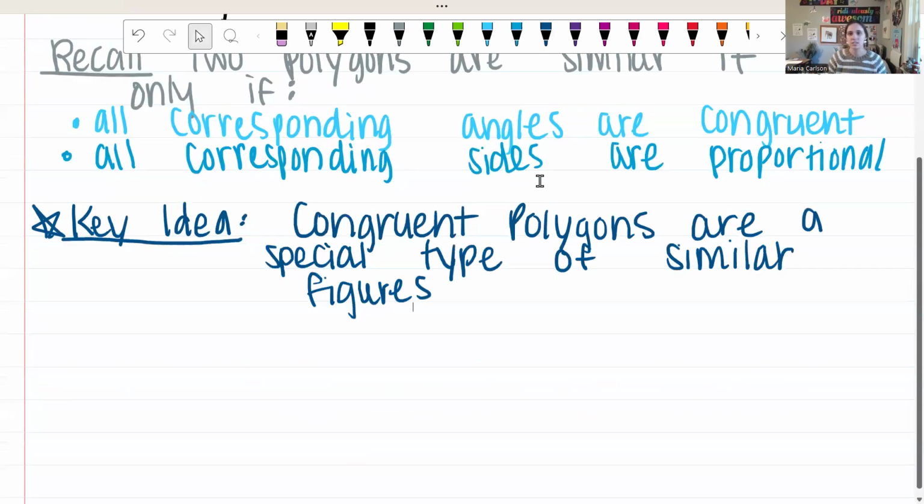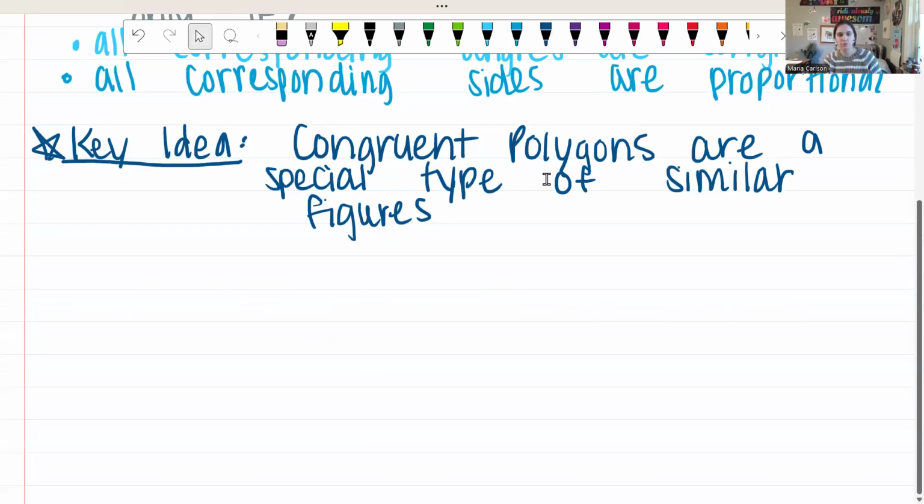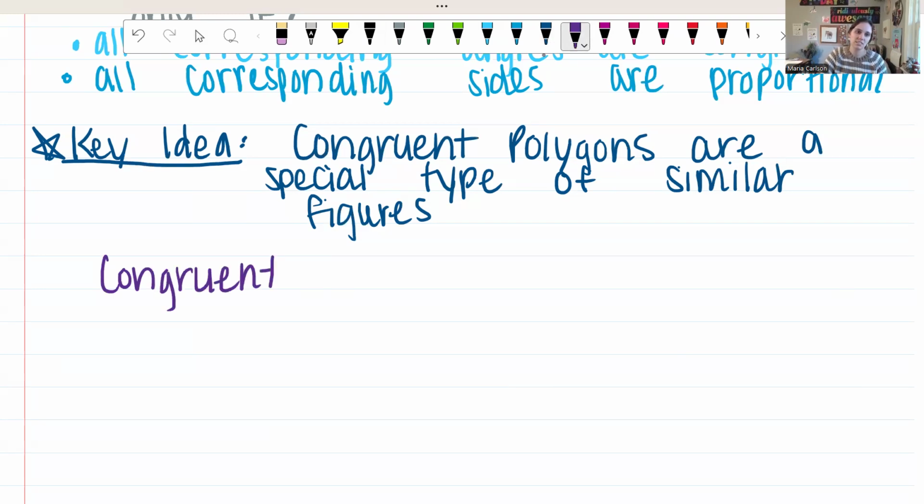So let's talk about the difference between congruence versus similarity. If two shapes are congruent, what does that mean? Versus if two shapes are similar.